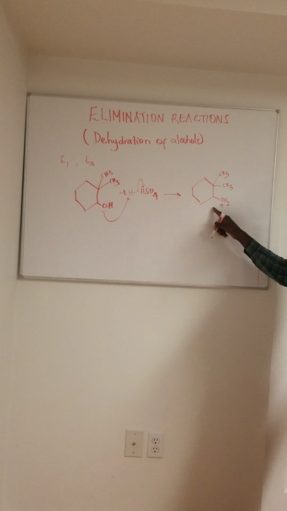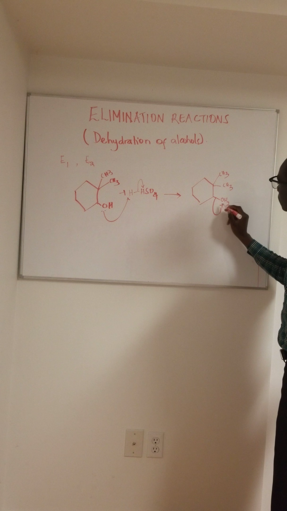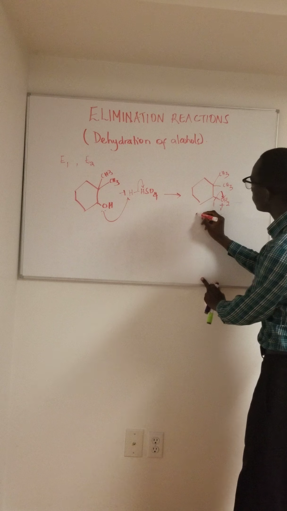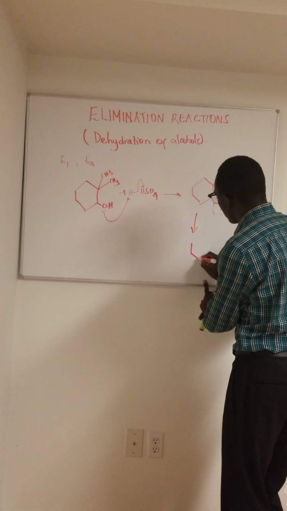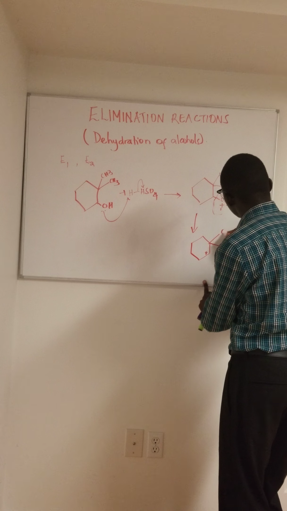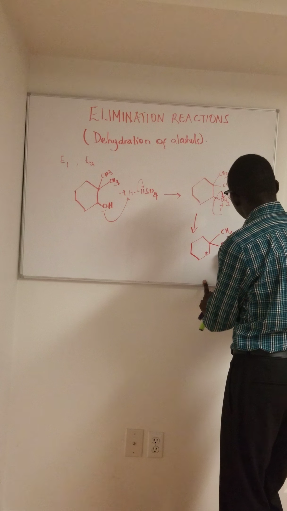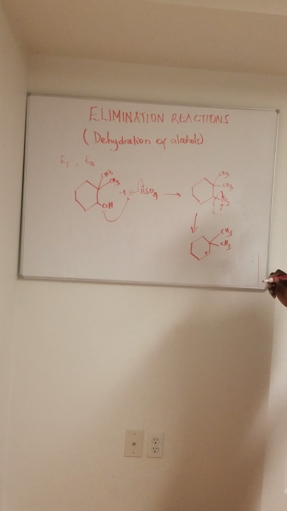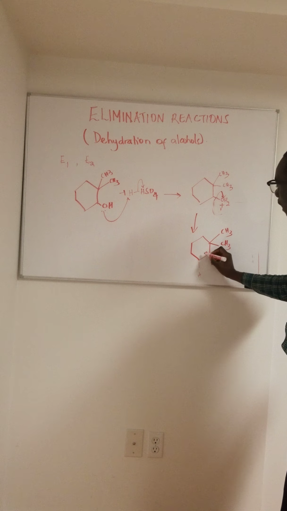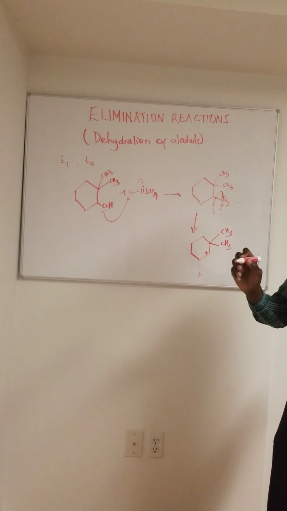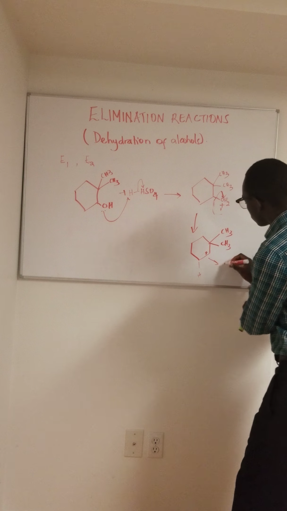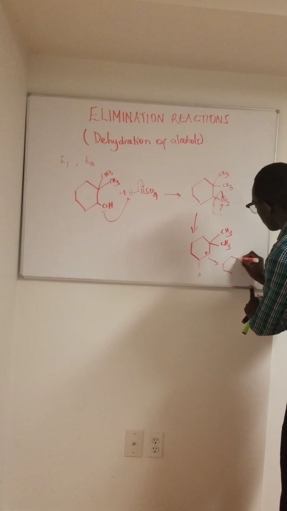Now when this bond breaks off in favor of oxygen to form water, I will remain with this compound. If I pull a hydrogen from this, I'll form a double bond here. That's one of the steps that I can take.